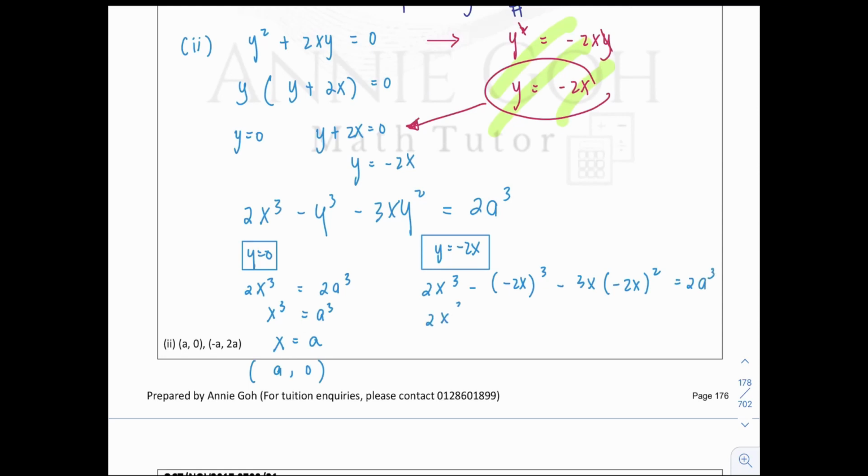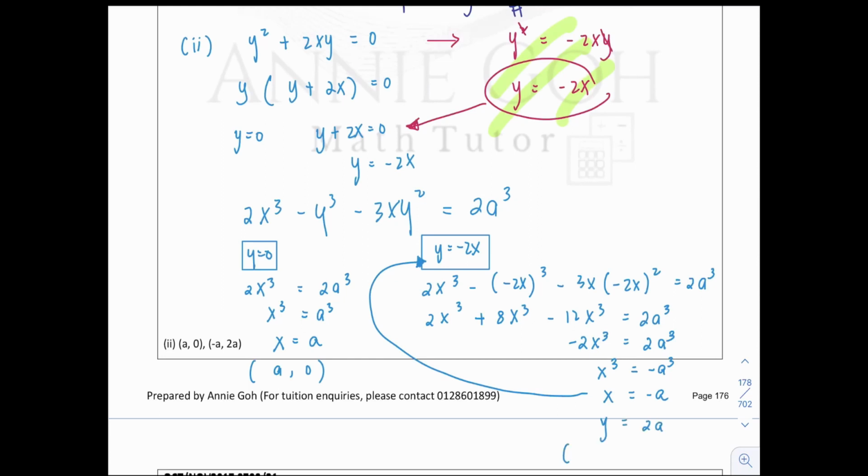Simplify this, we will have plus 8x cubed minus 12x cubed equals to 2a cubed. And from here, you will get negative 2x cubed equals to 2a cubed. x cubed should be equal to negative a cubed, and x equals to negative a. So for this, you just need to sub in here to get back the y coordinate, which is equal to 2a. And hence, the solution should be (negative a, 2a).